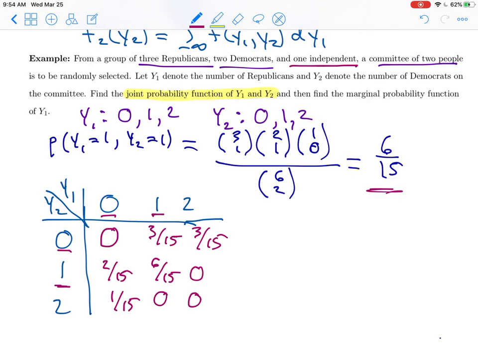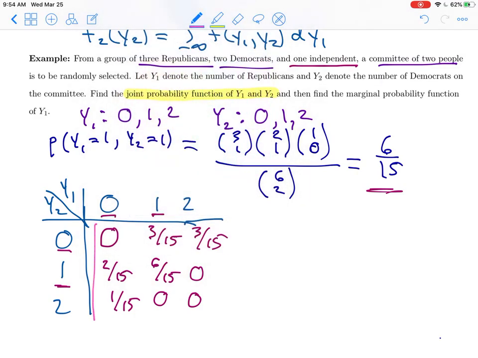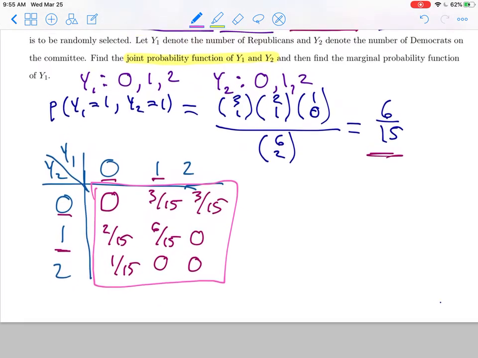All right, so those are the other probabilities. This table that we just found is really describing all of the probabilities that we could get jointly for y1 and y2. That is our joint probability function.